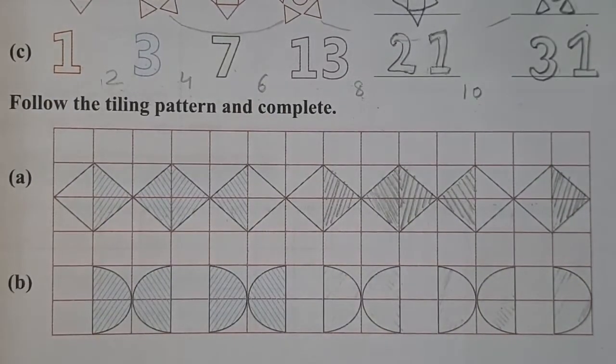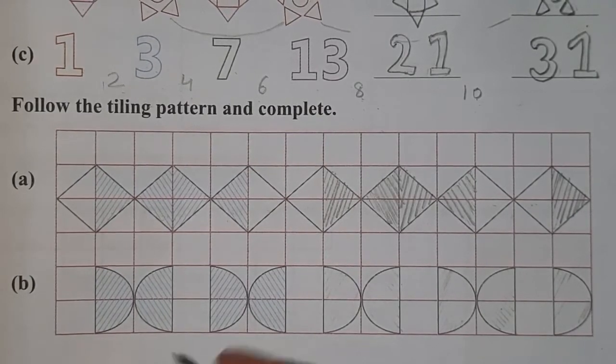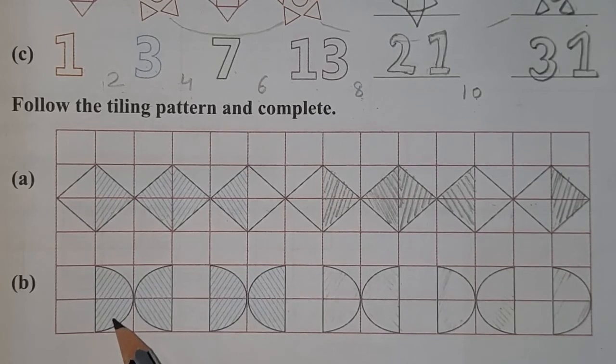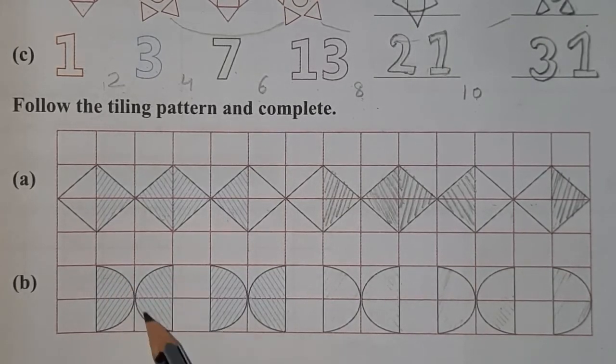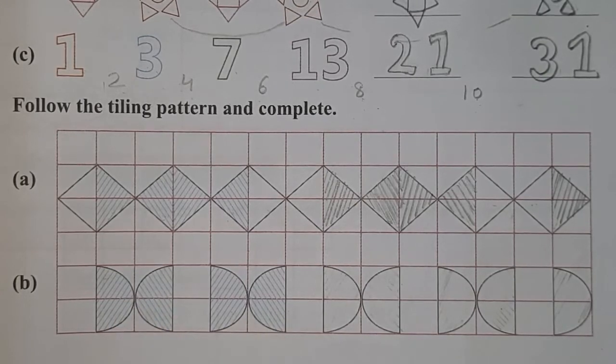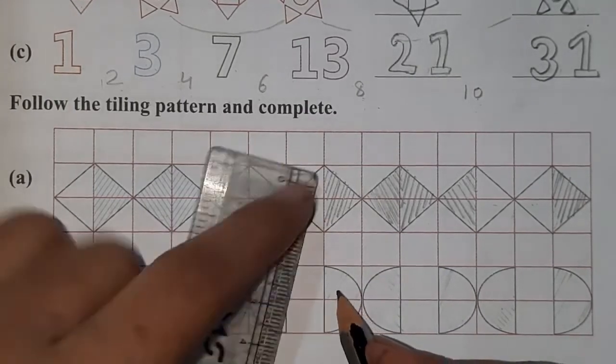Okay, and here B part, half curve part is shaded. Different directions are there, again different directions are there in both. So the direction you have in this curve, the same you will follow for that.